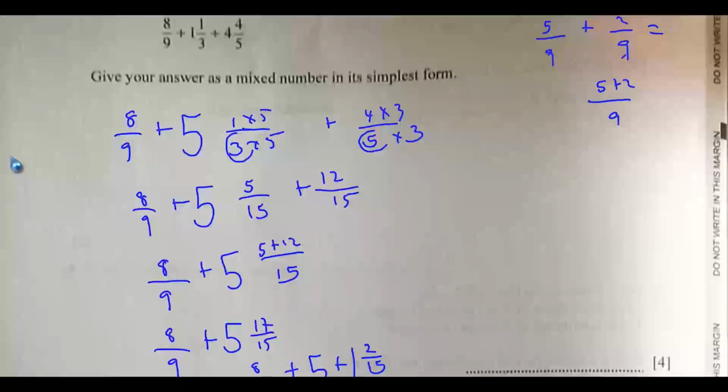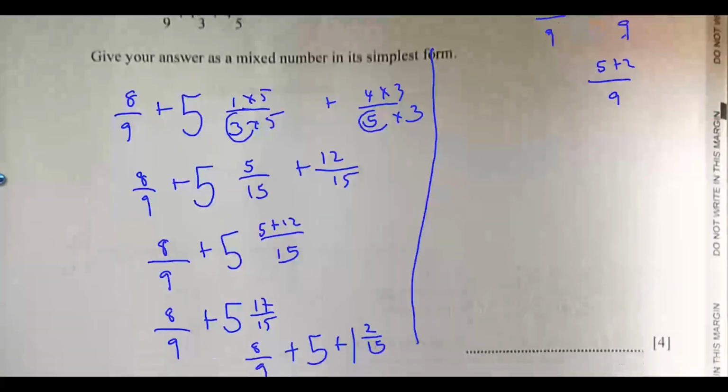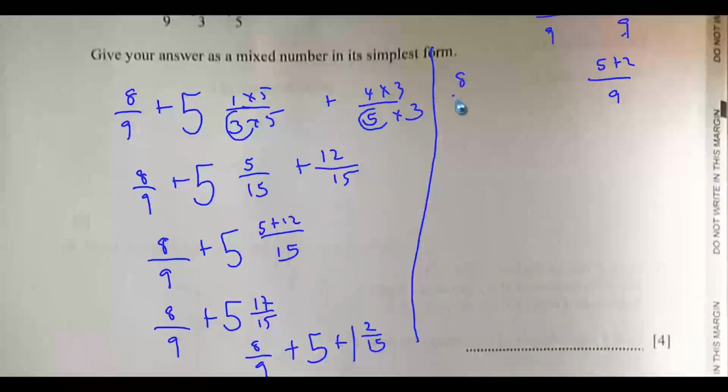So it's going to be 8 over 9, plus 5 whole plus 1 whole. That will be 6 whole. Then we're left with 2 over 15. So this is what we're going to have here now.